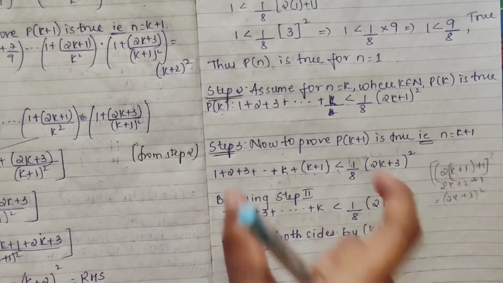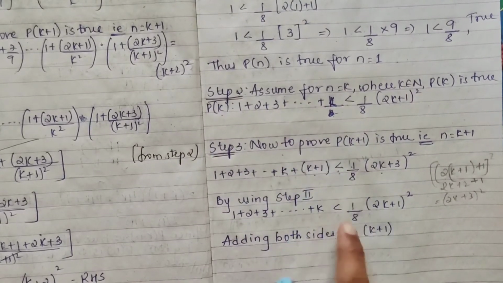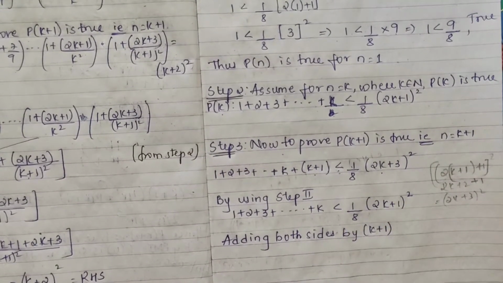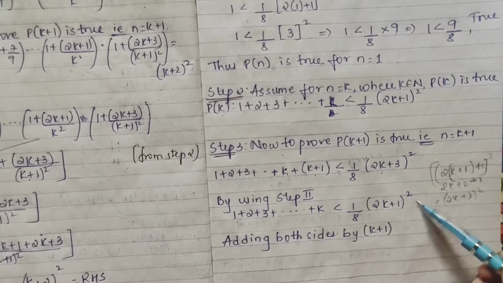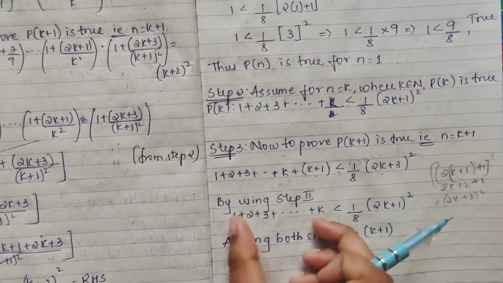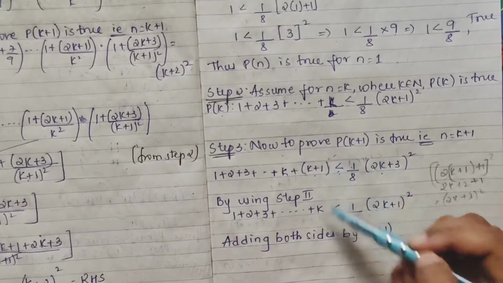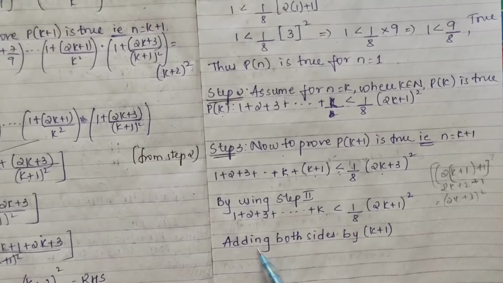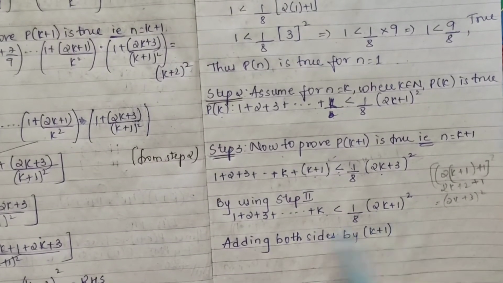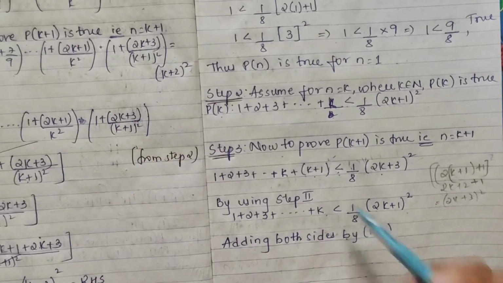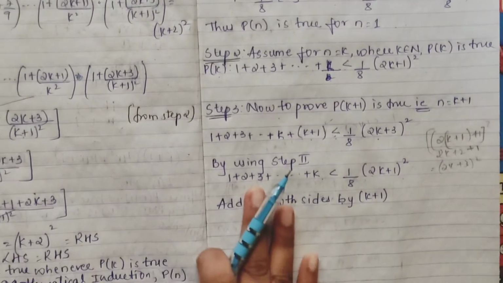So by using step 2, take your full step 2, 1 plus 2 plus 3 and so on up to k less than 1 by 8 (2k plus 1) square. Now you match your step 3 and your step 2. Here you can see up to k you are getting properly. Just one extra term is there, that is k plus 1. So to make it equal, we add k plus 1 to both the sides. We will get our same side, and then we have to prove just this part.